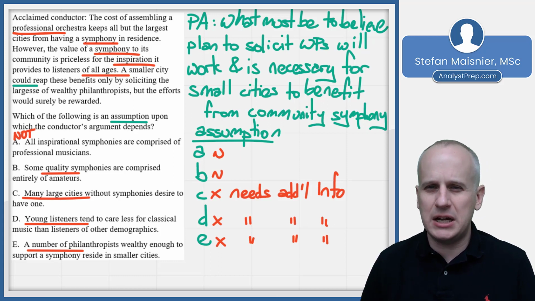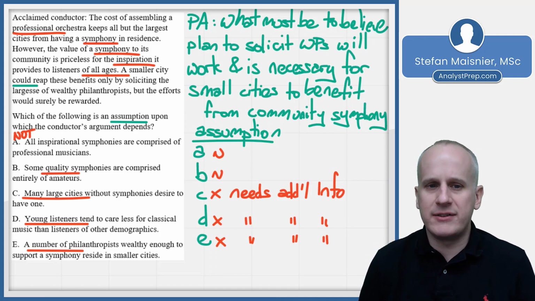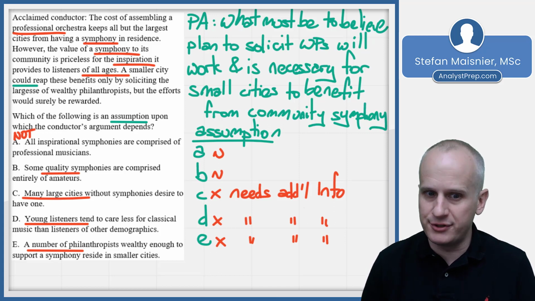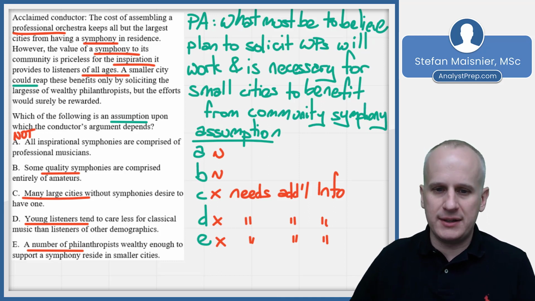Well, the conductor's argument is actually predicated on the idea that the cost of a professional orchestra is what's keeping all but the largest cities, so anything that's not a large city, i.e., small cities, can't have a symphony in residence. But if choice A is true, then we could have non professional symphonies. And if we have non professional symphonies, they might be able to give the priceless inspiration, because not all inspirational symphonies are comprised of professional musicians, without the plan. So this is going to be what is called a negated fail.